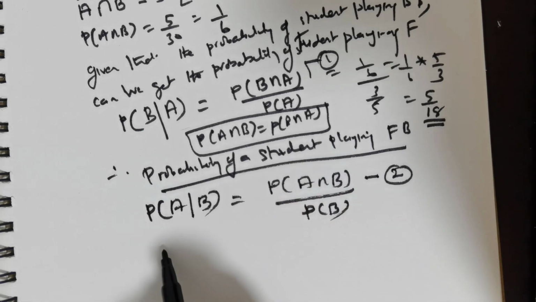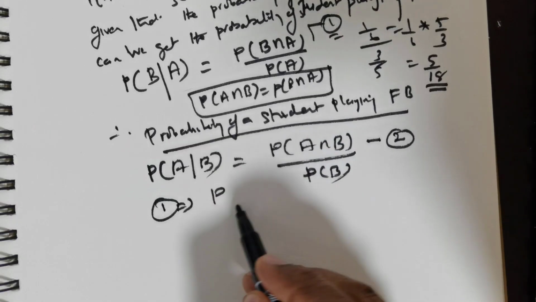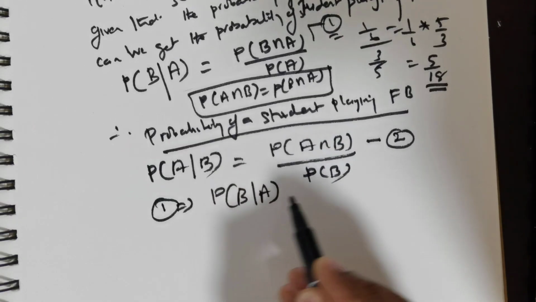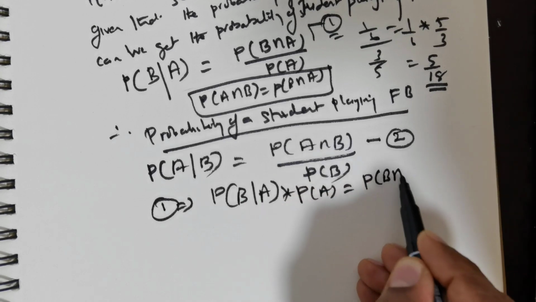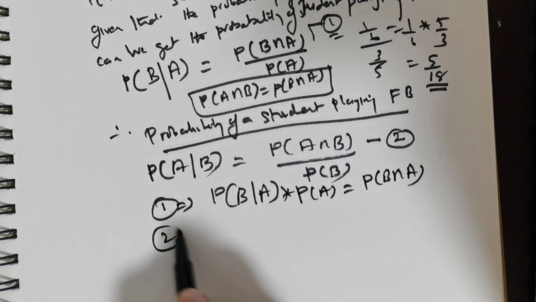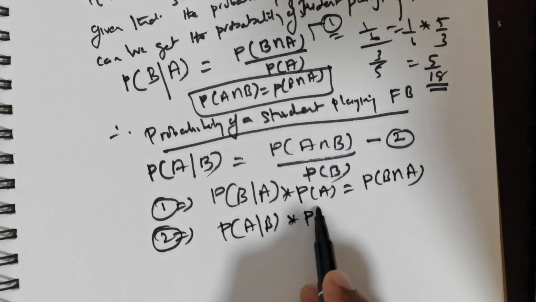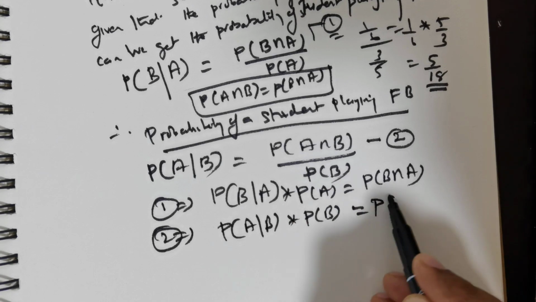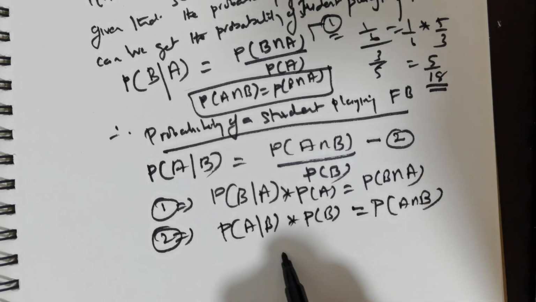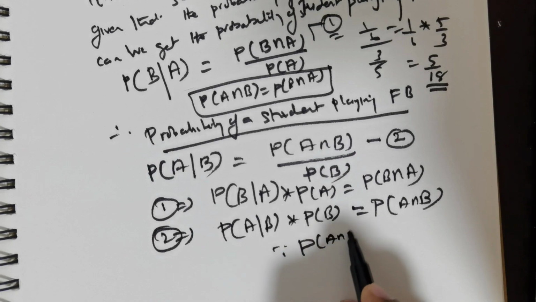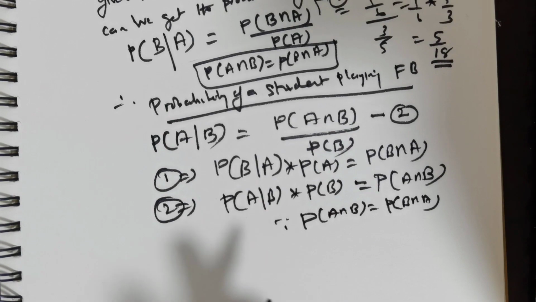Now from 1 I can rewrite this as P of B given A multiplied with P of A is equal to P of B intersecting A. And from 2 I can write P of A given B times P of B is equal to P of A intersecting B. Since P of A intersecting B is same as P of B intersecting A, I can equate these two things.